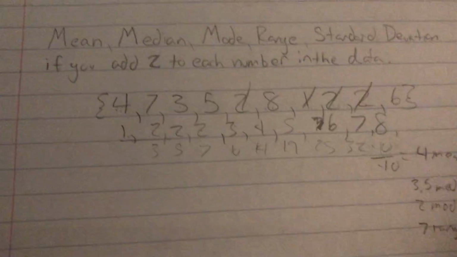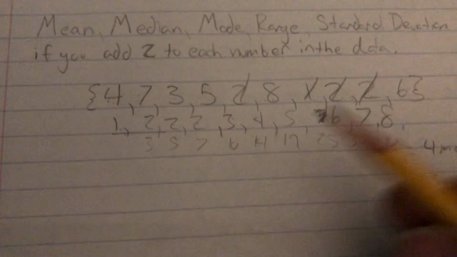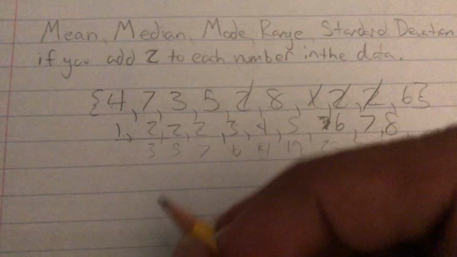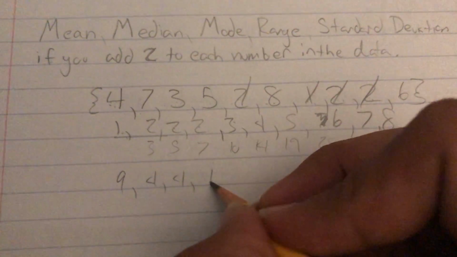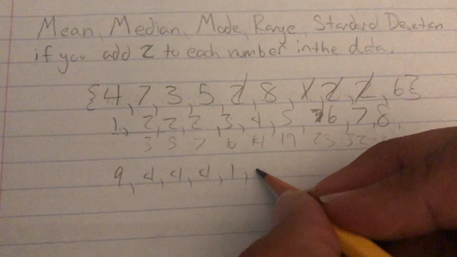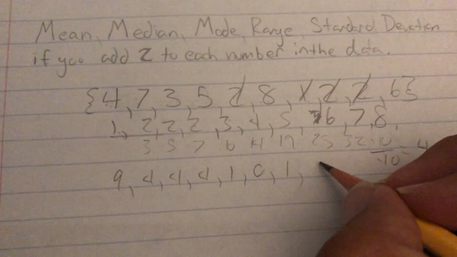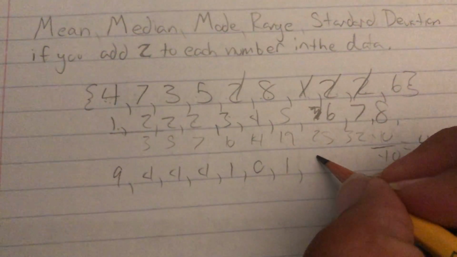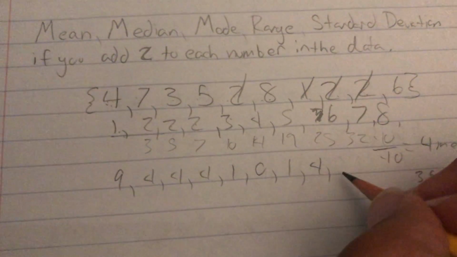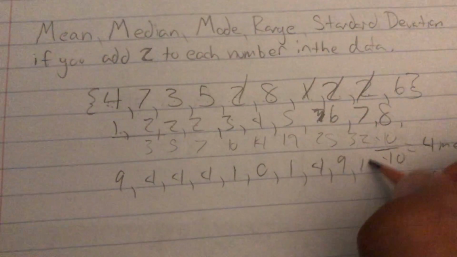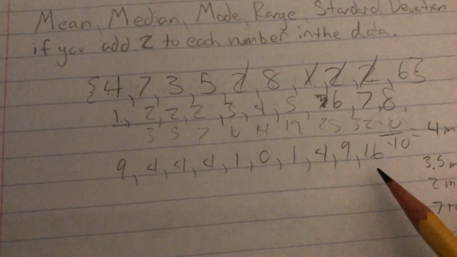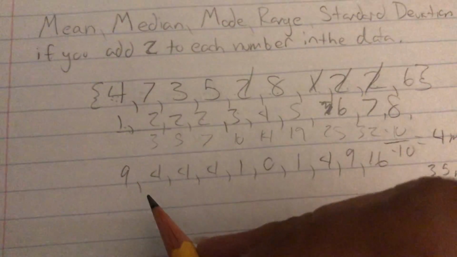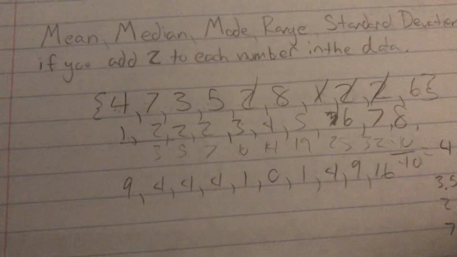And the standard deviation, so we know the mean is 4, so how far is each number from 4, and we're going to square it. It's going to be 9, 4, 4, 4, 1, 0, 1, 4, that's going to be 9, and that's going to be 16. So here, I'm going to find the mean of this, and then I'm going to square root it.